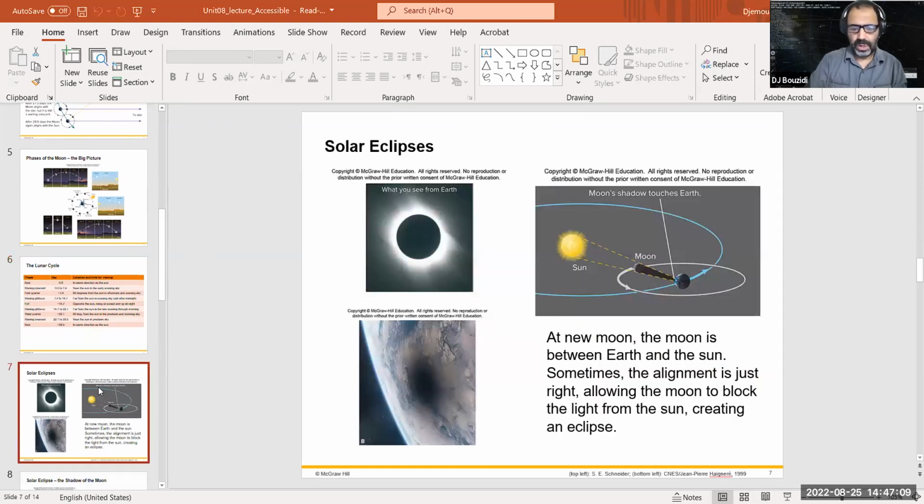Okay. Now, in terms of the solar eclipse, I mentioned the path of the sun and the path of the moon. Think of this as the path of the sun, and this as the path of the moon.